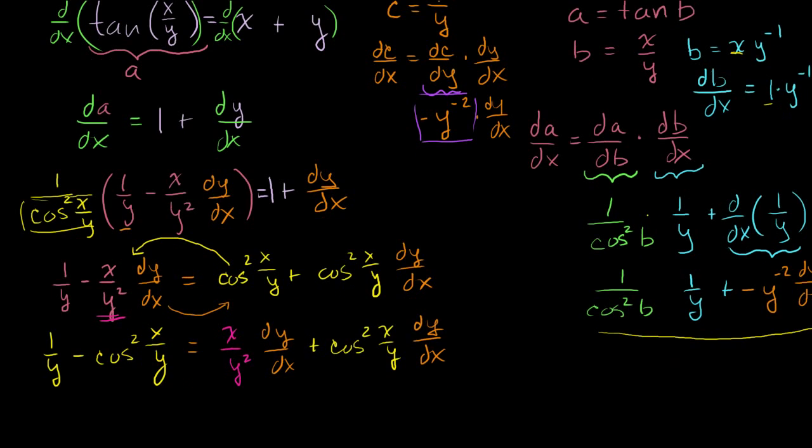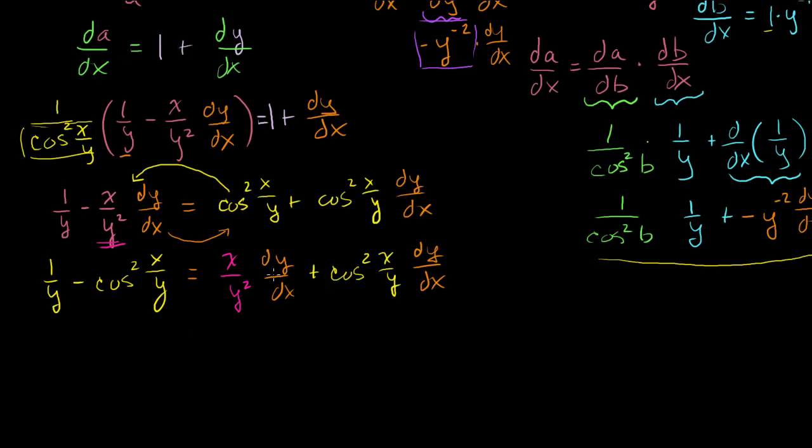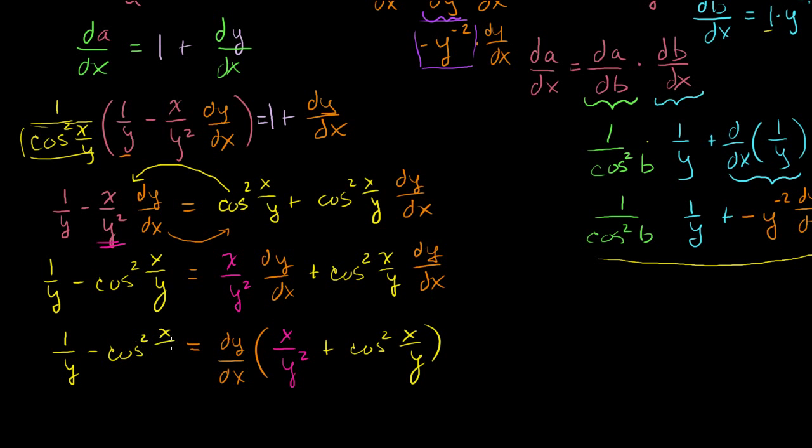I think we're in the home stretch. Let's factor this dy/dx out from the right-hand side. So this is equal to dy/dx times x over y squared plus cosine squared of x over y. And that is equal to this thing over here. It's equal to 1 over y minus cosine squared of x over y.